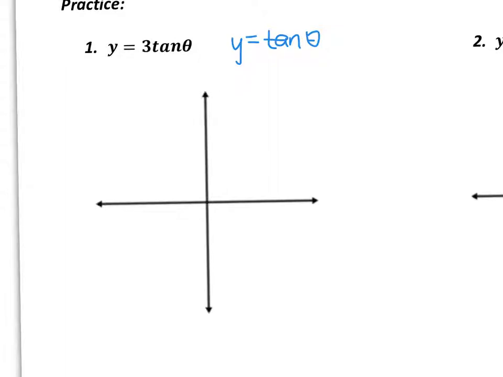And then we'll come back and graph on the same graph the 3 tangent, okay? So, number 1, we need to know that we have an asymptote occurring at x equal to negative pi over 2. We have another asymptote occurring at positive pi over 2.